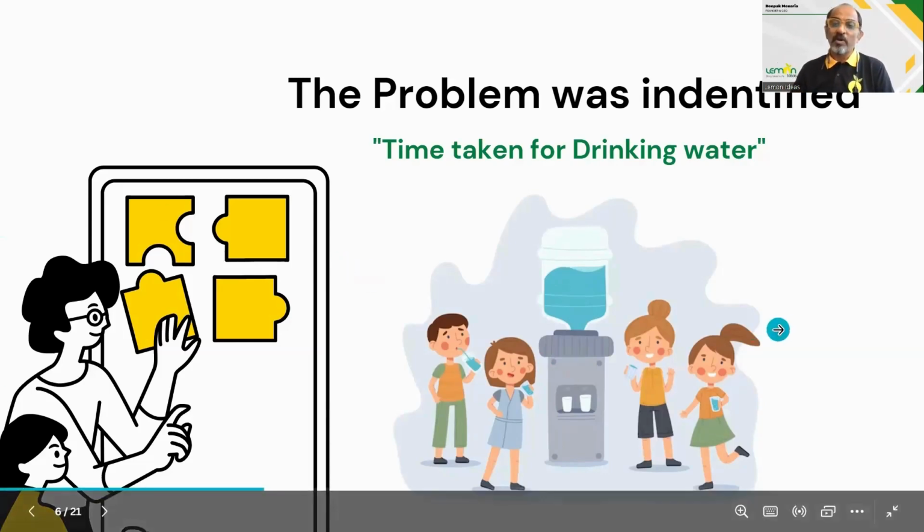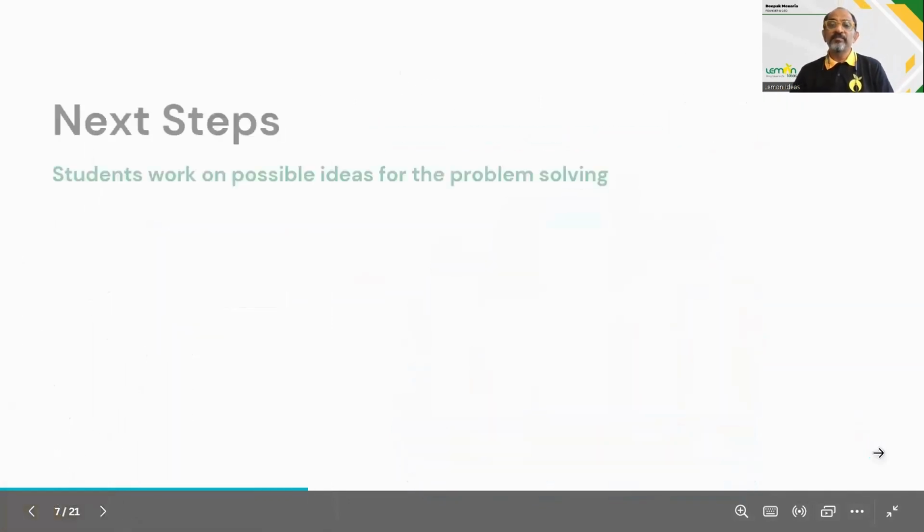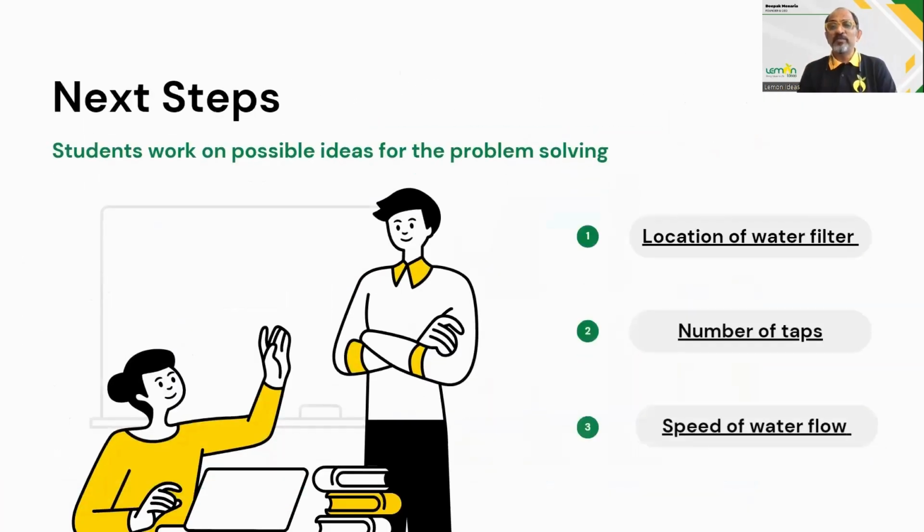After they knew that the problem is about drinking water, they thought, come on, let's try to find out possible solutions. So they were looking at why children were taking considerable time in terms of drinking water, and because of this, probably they were losing time. So it's all probability right now. It's not guaranteed.